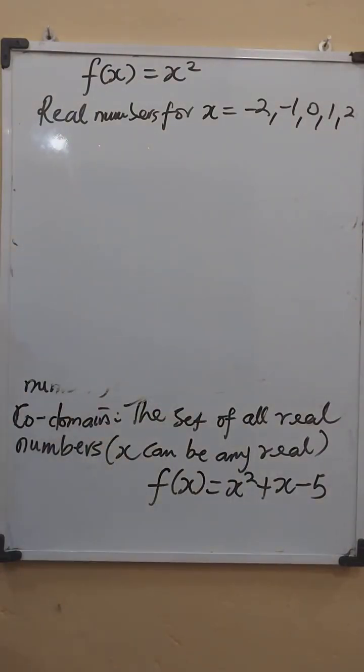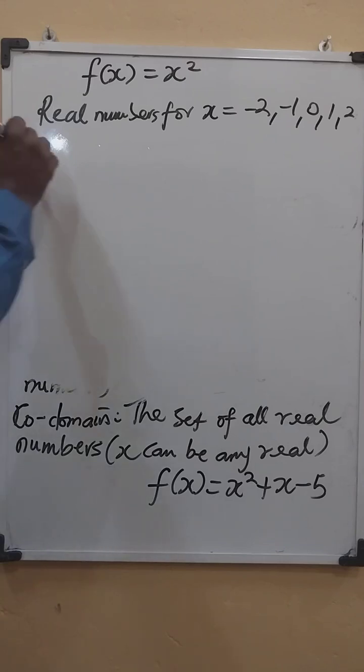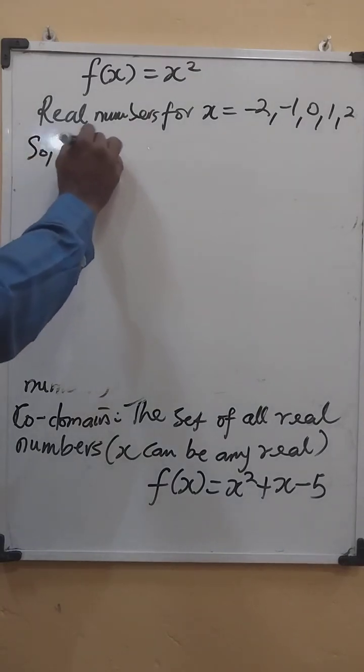So what you are told to do now in range of function is to substitute. What you are just going to do is to substitute the value. So let's plug in.